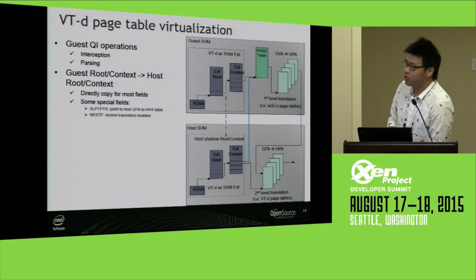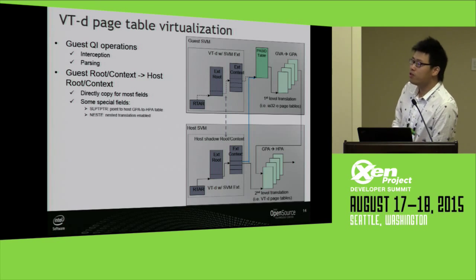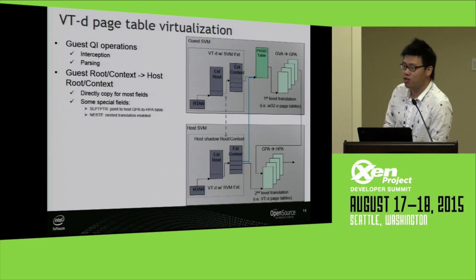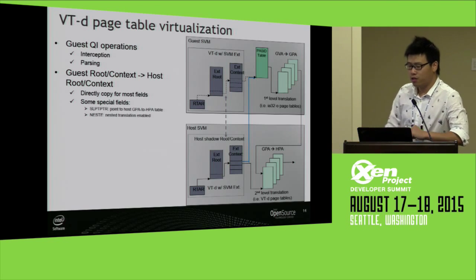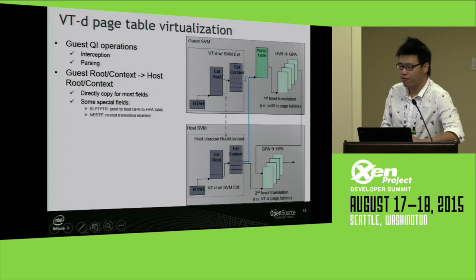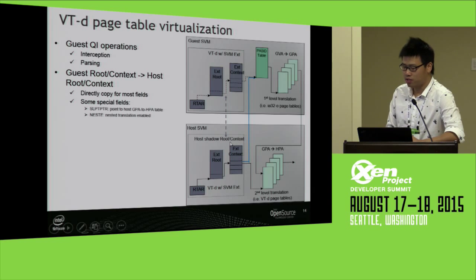So on the hypervisor side, we can intercept and parse these invalidation operations. That means we can get the value each time the guest updates the extended root entry and the extended context entry. So it's easy for us to shadow it on the host side.